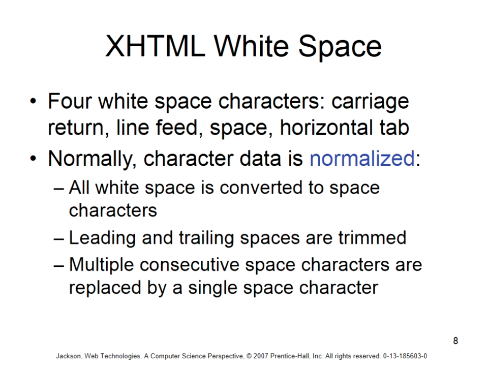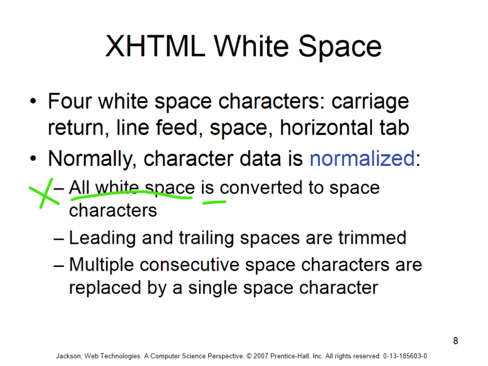And there are four white space characters in XHTML: carriage return, line feed, space, and horizontal tab. Normally character data is normalized. So keep in mind that when we write HTML code, all white space is converted to space characters.